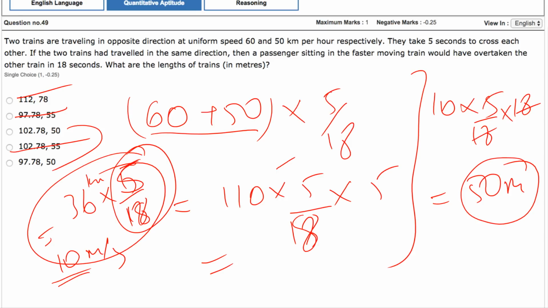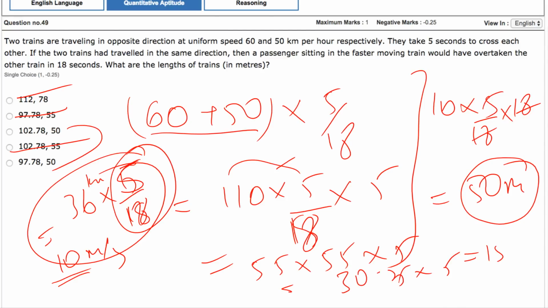I just love that. So I'll multiply 55, and this 1 by 18 is again 55 for me. So this is 30.25 into 5, which is roughly 151.25, right? So 50, that means your remaining one should be around 100, slightly greater than 151. So this can be your only answer. This will be less than the length of the trains. I hope this is easy.